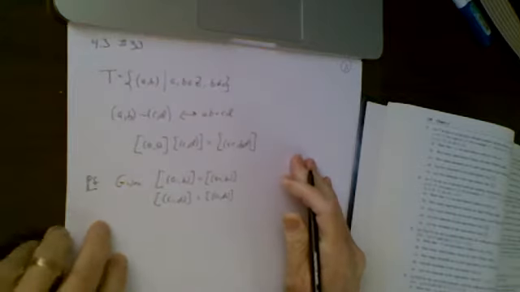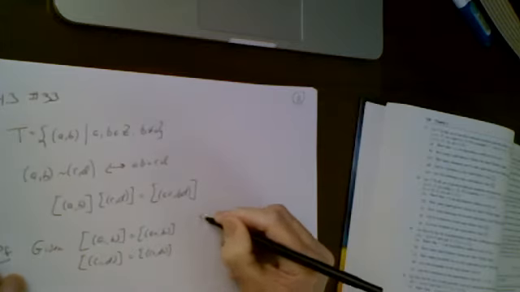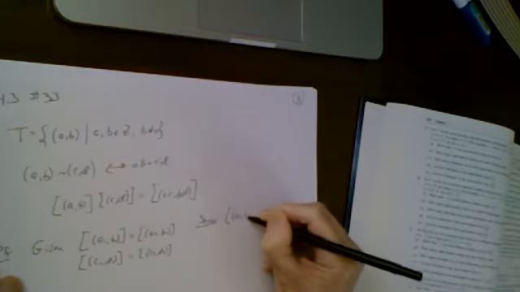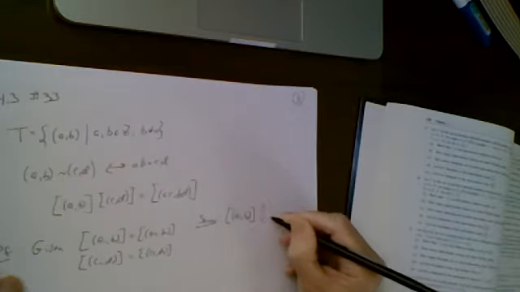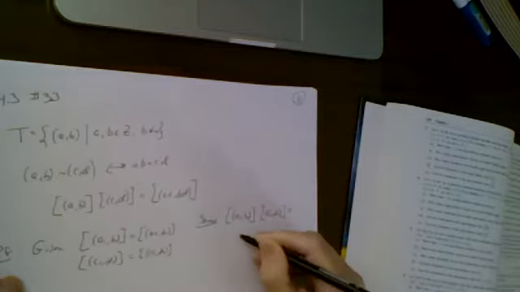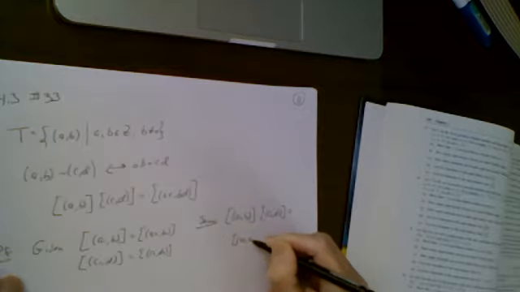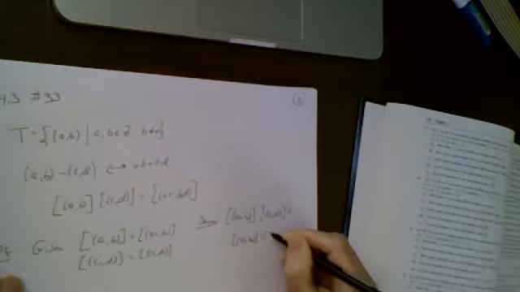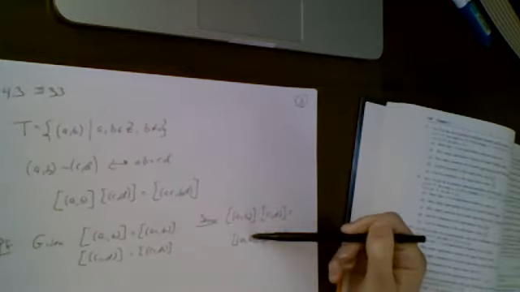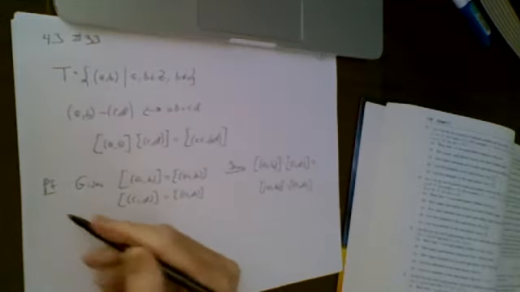We have to show that if you take the product using the first set of names, it's the same as the product using the second set of names. So if you change the name of the first class, keeping it the same class, and you change the name of the second class, again keeping it the same class, you want to show that we get the same answer. So here's what we know.